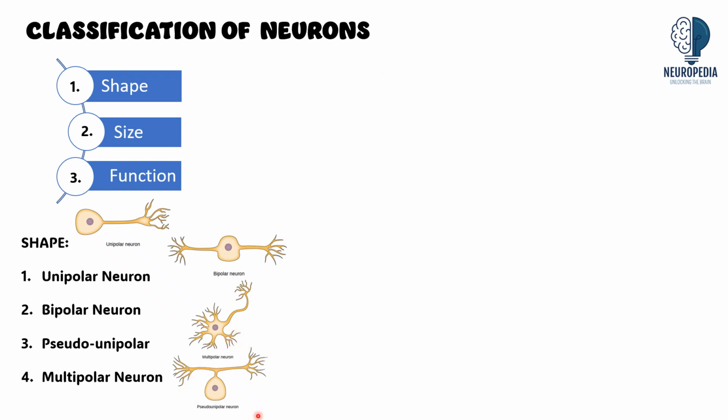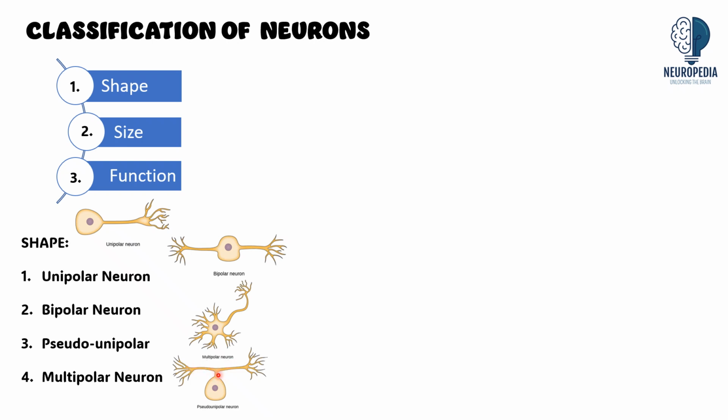Pseudo-unipolar neuron. Pseudo something means false. So these are the neurons that have a single extension. That means here you can see this, that splits into two branches.